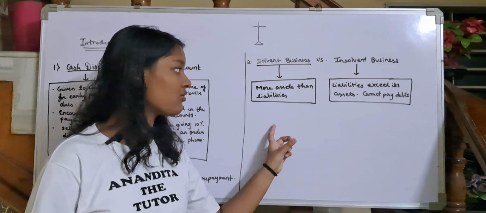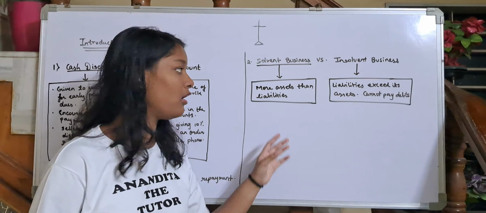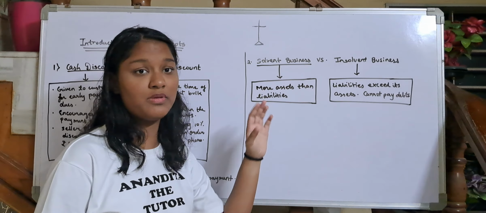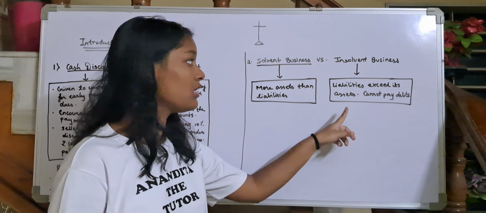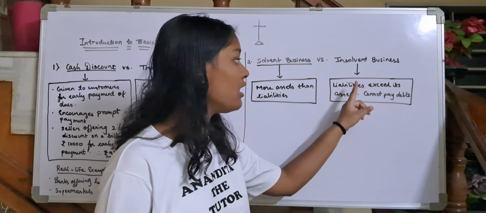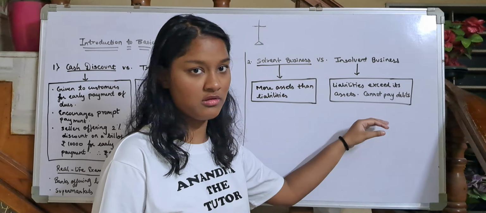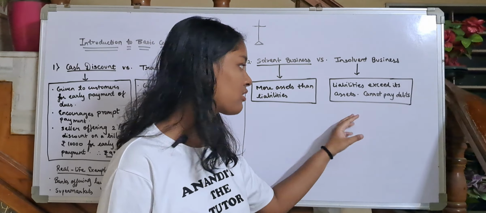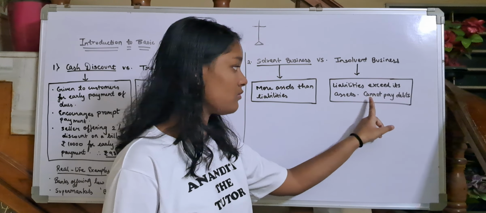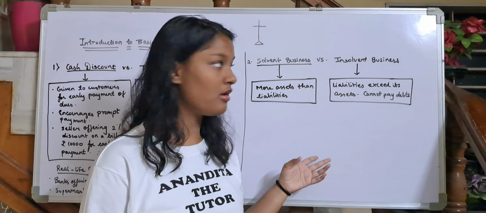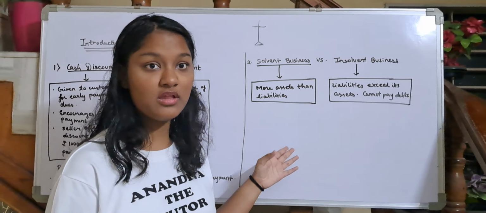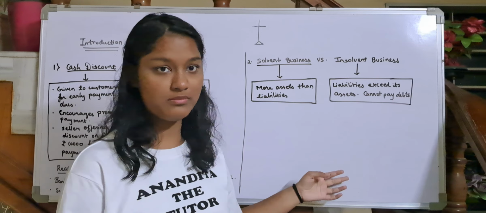So in a solvent business, my assets will be 5 lakhs and my liabilities will be 2 lakhs. In an insolvent business, my liabilities will be 5 lakhs and my assets will be 2 lakhs. Here I cannot pay my debts. So this is an insolvent business, because you cannot pay your money.